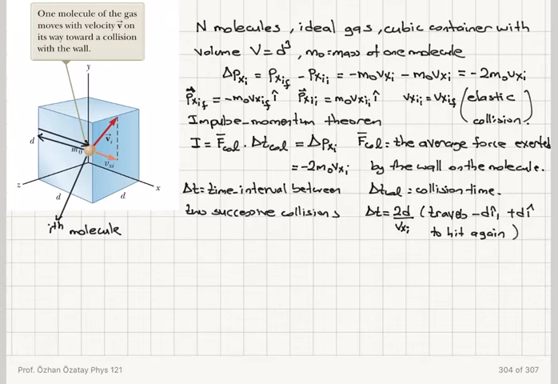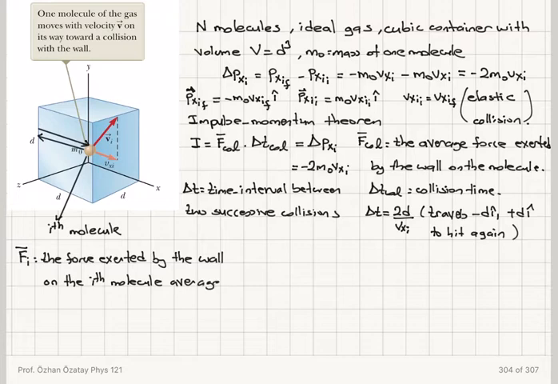All right. So if I average the force exerted by the wall on the ith molecule, I define a new force, Fi bar. It is the force exerted by the wall on the ith molecule, averaged in time interval delta t.